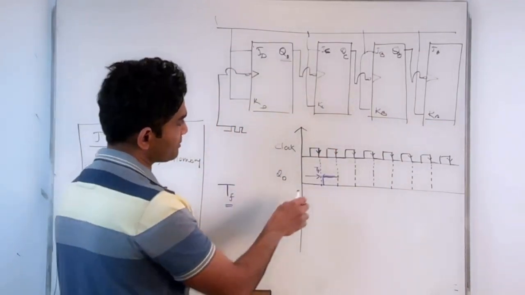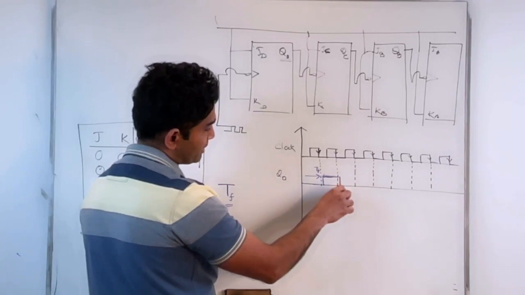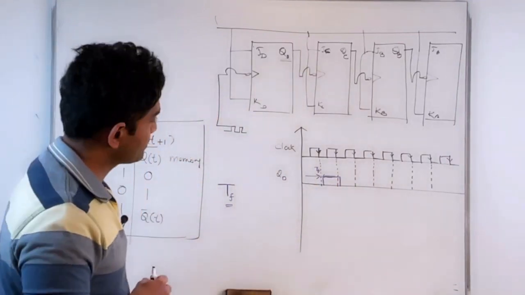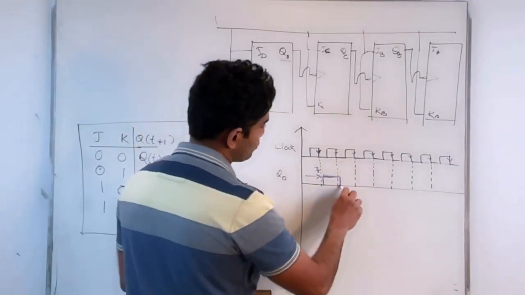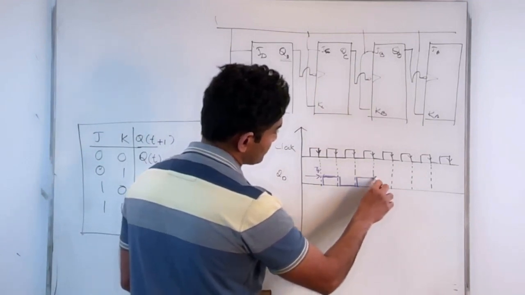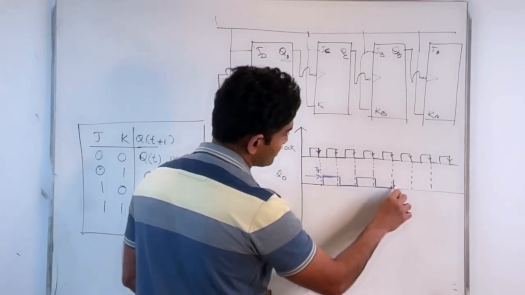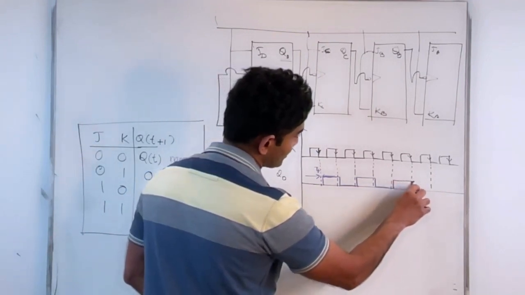Likewise, this would switch after a delay of TF seconds, and so on. Same thing here. It would switch with a delay of TF seconds instead of switching right at the clock edge.